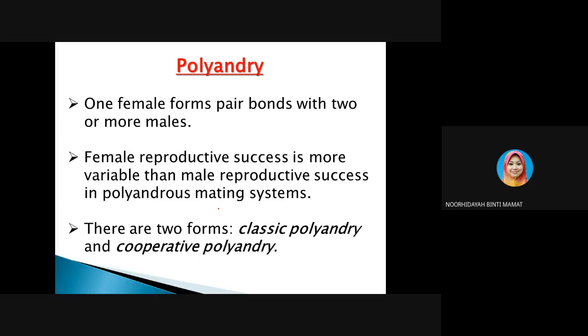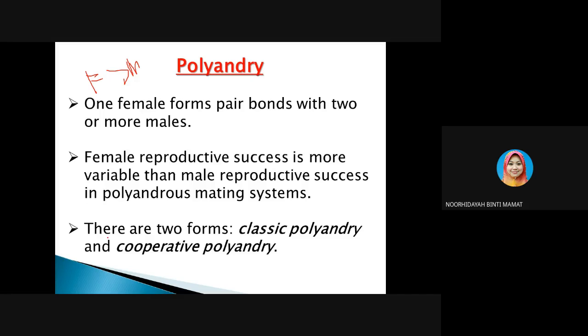We already learned about monogamy and polygyny, so we go to the polyandry mating system. Polyandry is where one female forms pair bonds with two or more males. The female's reproductive success is more variable than the male's reproductive success in a polyandrous mating system.